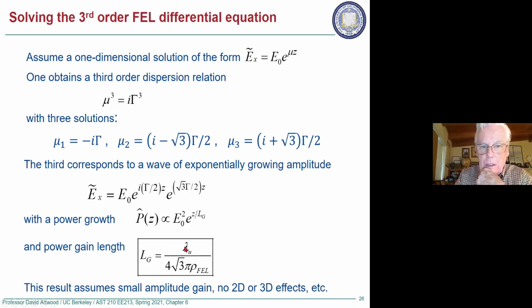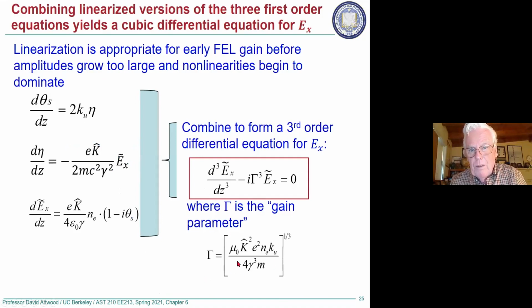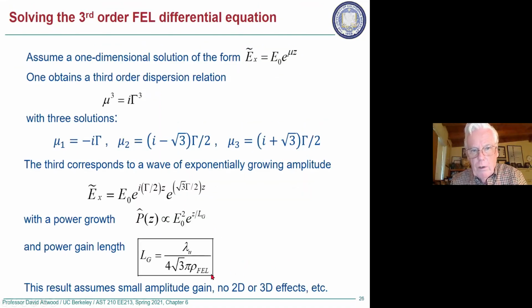Okay, so it depends on the undulator period, some constants here, and this rho appears for the first time for us to see it, and it just came from all of these other parameters here. It came from all of these things. You just track it through, and you'll find this is what everything looks like.